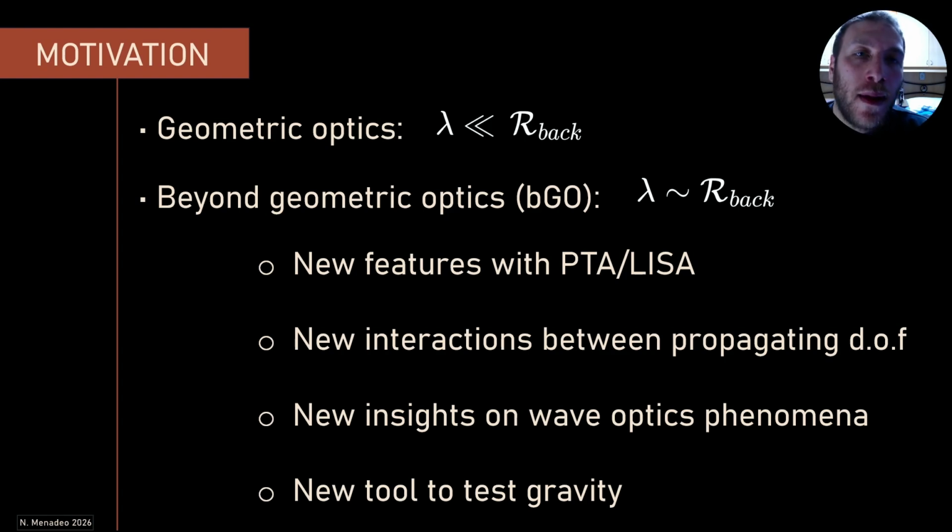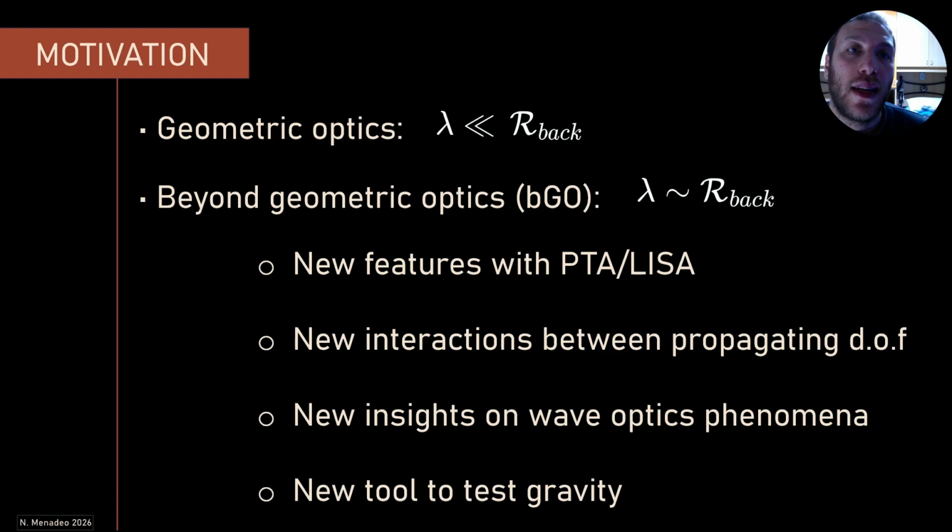However, gravitational waves, for example with future detectors like LISA, could probe wavelengths comparable to the size of some astrophysical objects. That's why, in this case, we could have a breaking point for the geometric optics description and the necessity to go beyond and see what is going on.